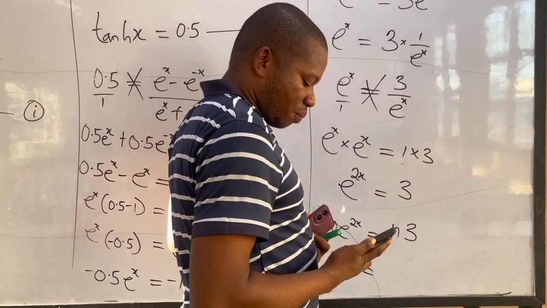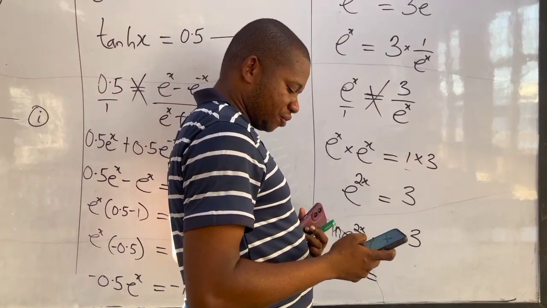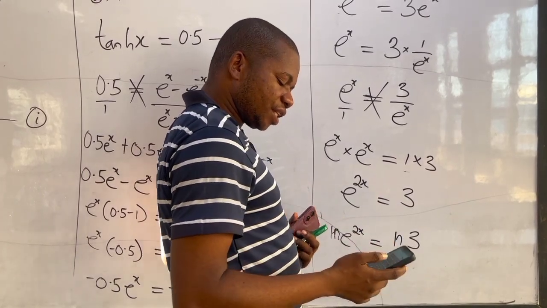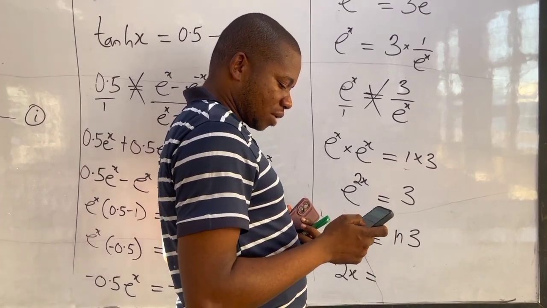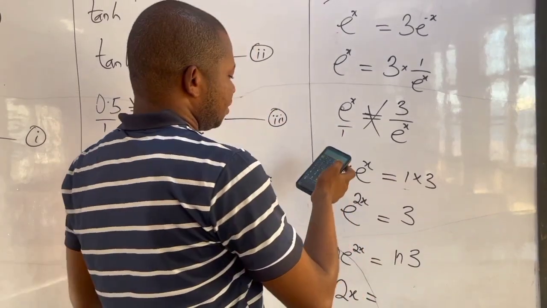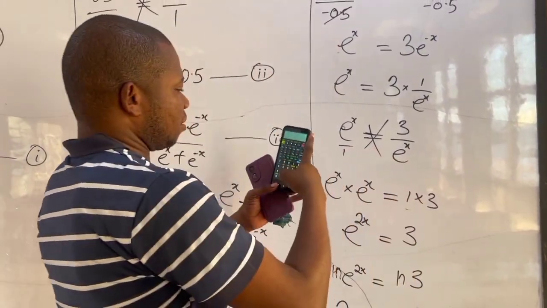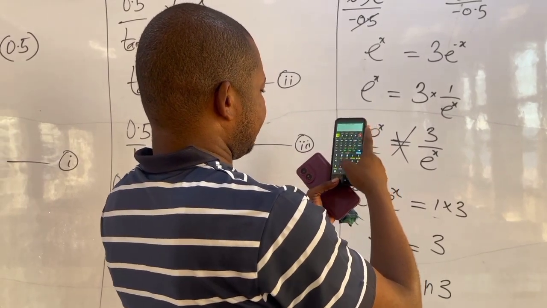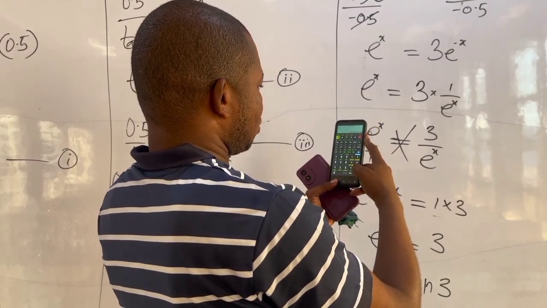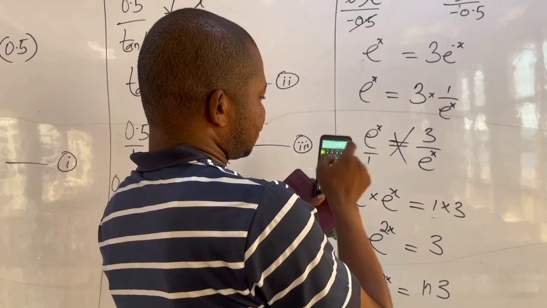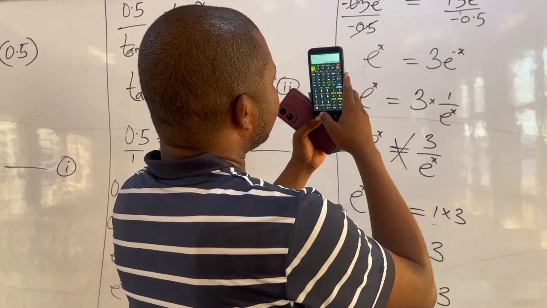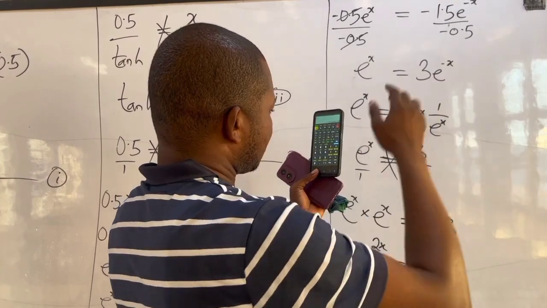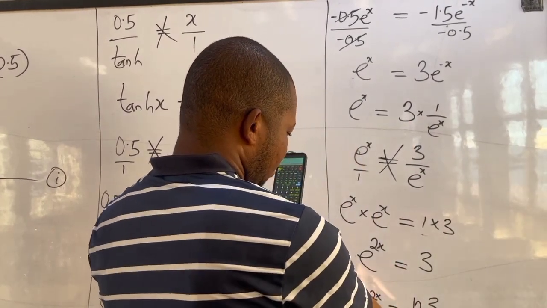So you need to press your calculator to find out what ln 3 would give. Let me open my calculator from my phone. This is a scientific calculator. What we have here is ln 3. So I'm pressing ln 3, and it gives 1.098612288866 and so on.